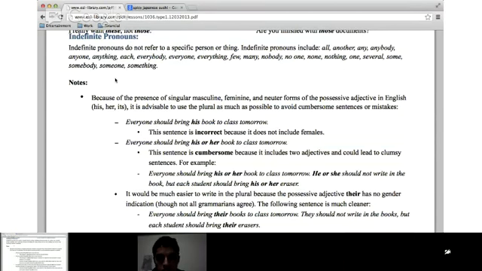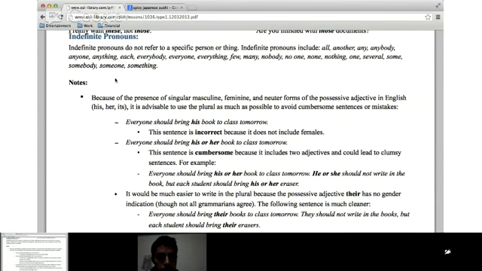Indefinite pronouns include all, another, any, anybody, anyone, anything, each, everybody, everyone, everything, few, many, nobody, no one, none, nothing, one, several, some, somebody, someone, something.